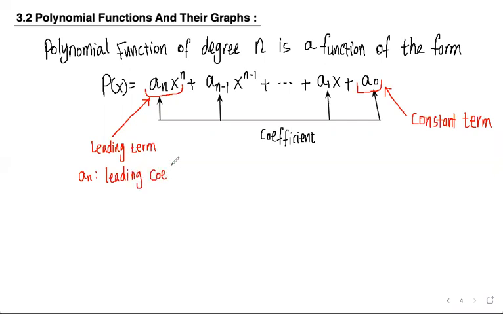So this is my polynomial function. It's of this form. We have to know this is called the leading term, a_n is called the leading coefficient, and a_0 is called the constant term, also the constant coefficient.